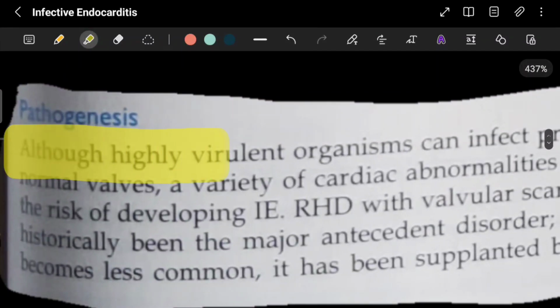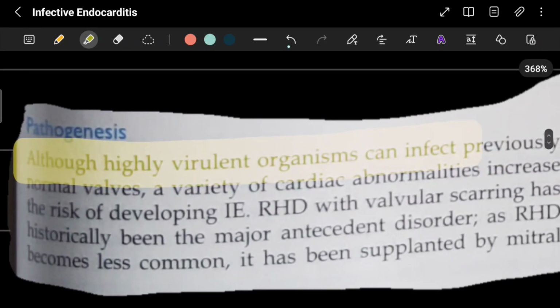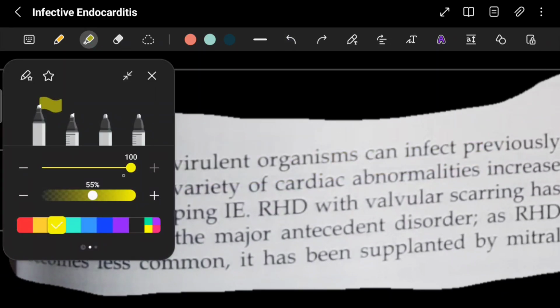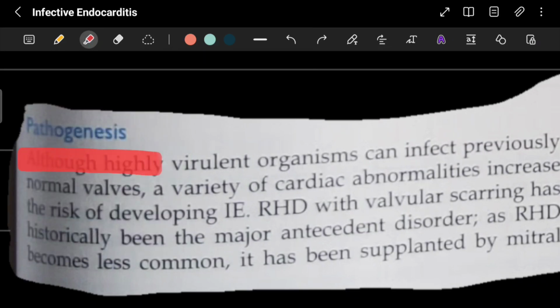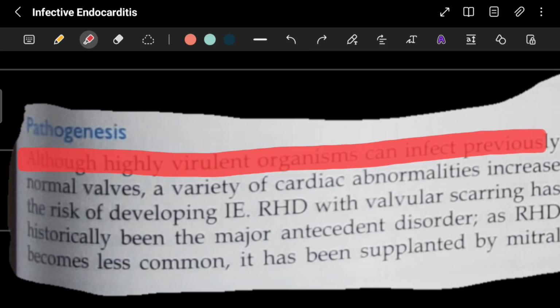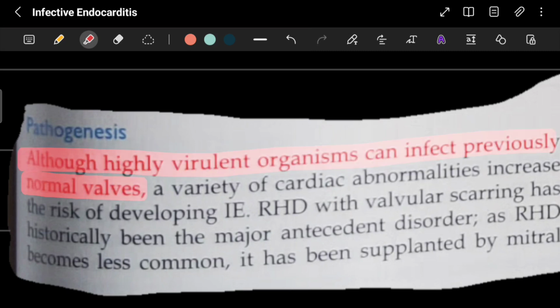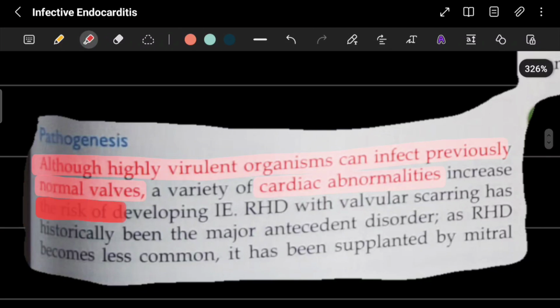Although highly virulent organisms can infect previously normal valves, a variety of cardiac abnormalities increase the risk of developing infective endocarditis.